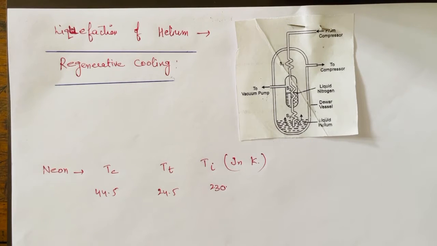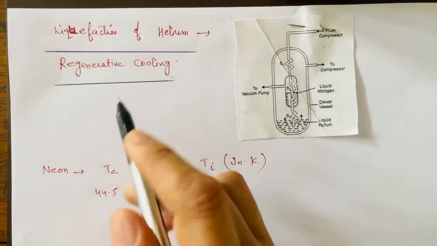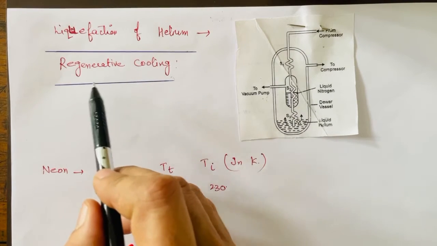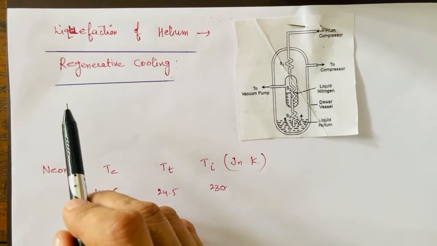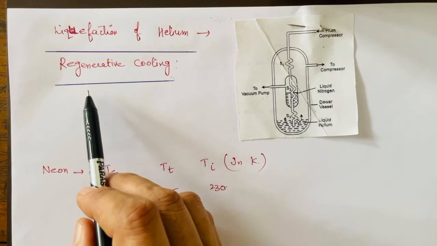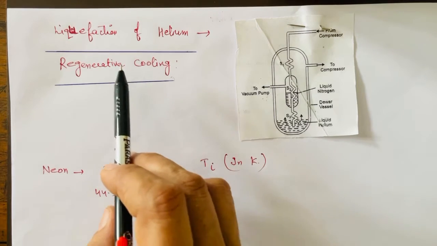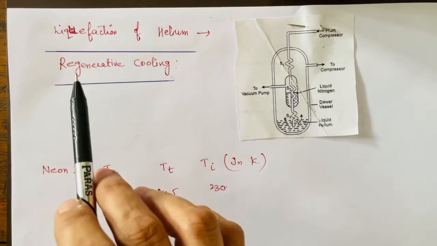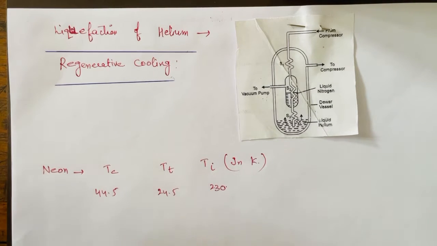Today's topic is a very small but very important topic: liquefaction of helium, also called regenerative cooling, or the use of the Joule-Thomson effect in the liquefaction of helium. These are the three names of this topic.